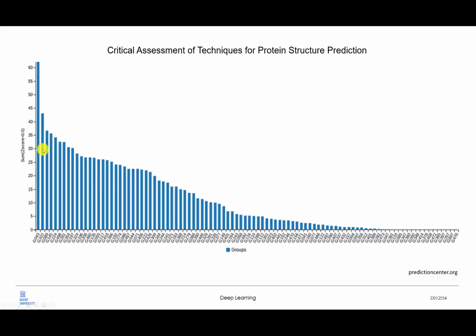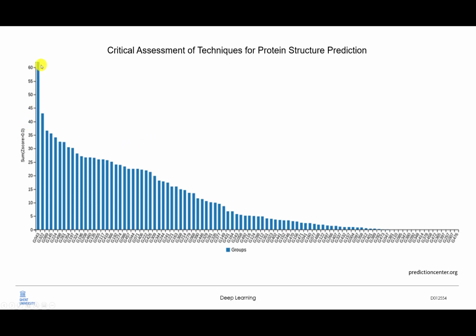And what they show is that by having these deep convolutional neural networks, you can get a very, very significant boost in performance. The folds are much, much better than what we have seen in previous years. So this again was very remarkable. It's the same as AlexNet, which showed a big improvement in our ability to recognize objects in images.